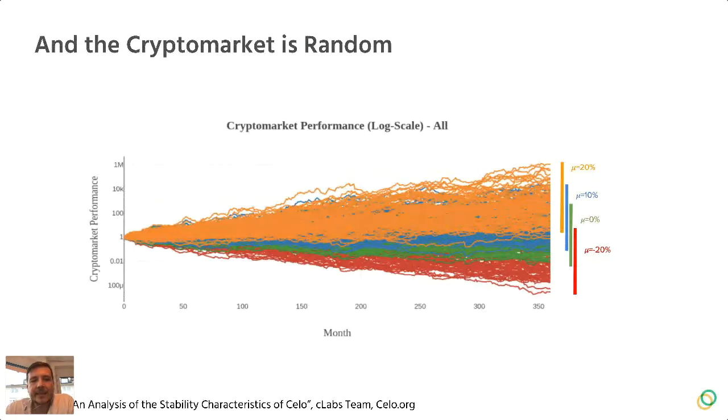In that sense, it is a second type of risk factor. So it's not only the risk of being liquid enough to handle expansions and contractions, but also the risk of your crypto collateral losing substantially in value.